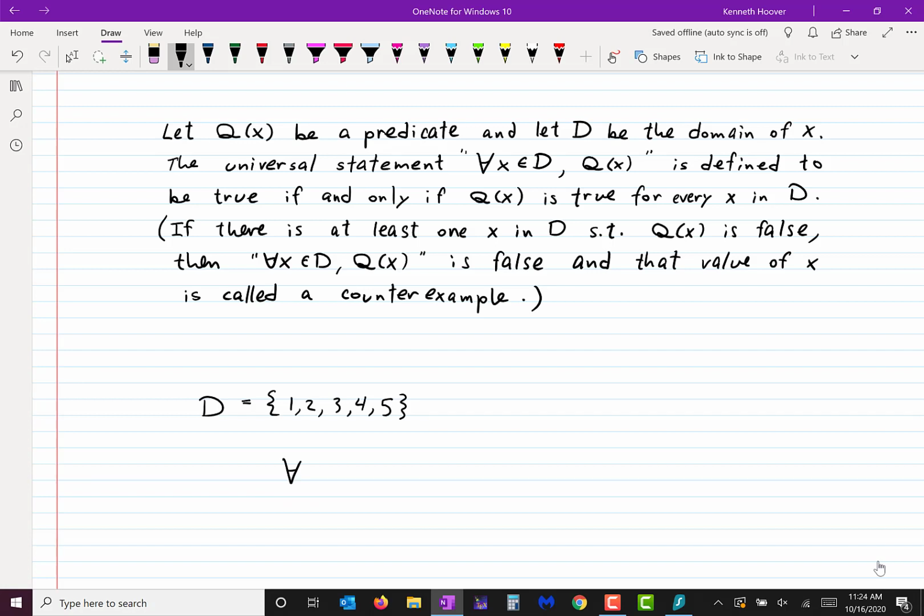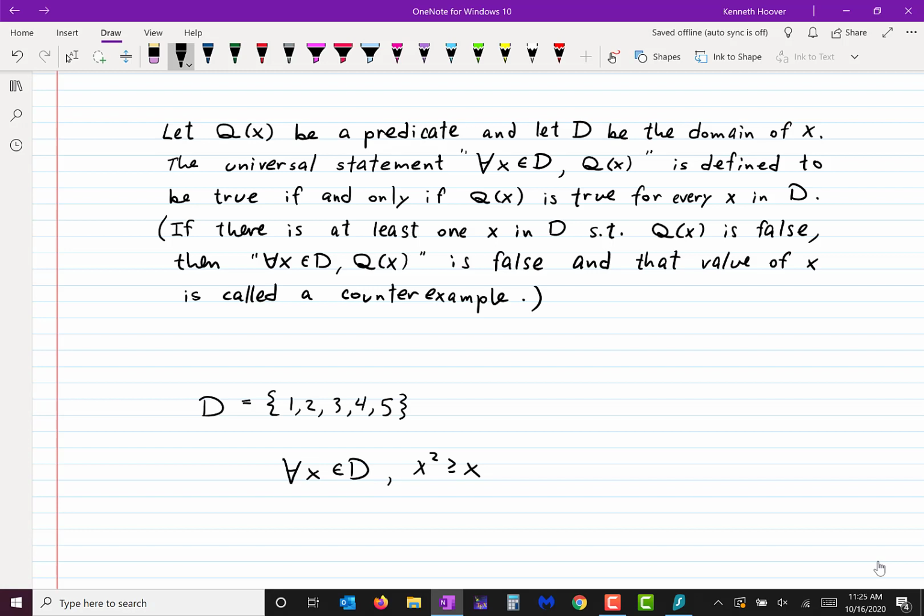For all x in D, comma, x squared is equal to or greater than x. So is that statement true or false? Well, in this case, there's only 5 elements of D, so we could just check them individually. That's called the method of exhaustion.